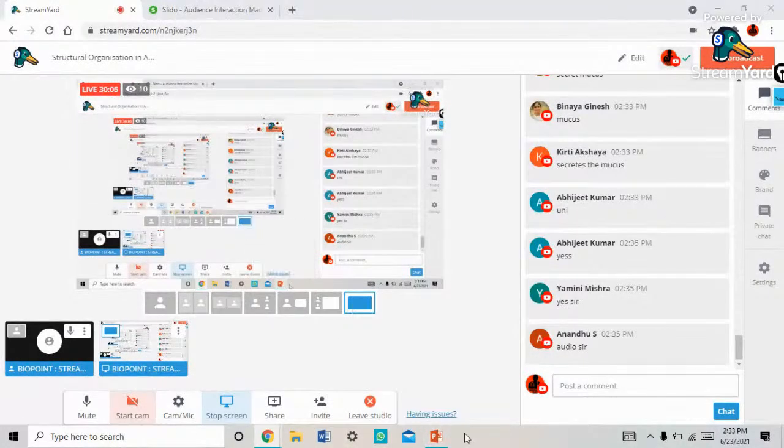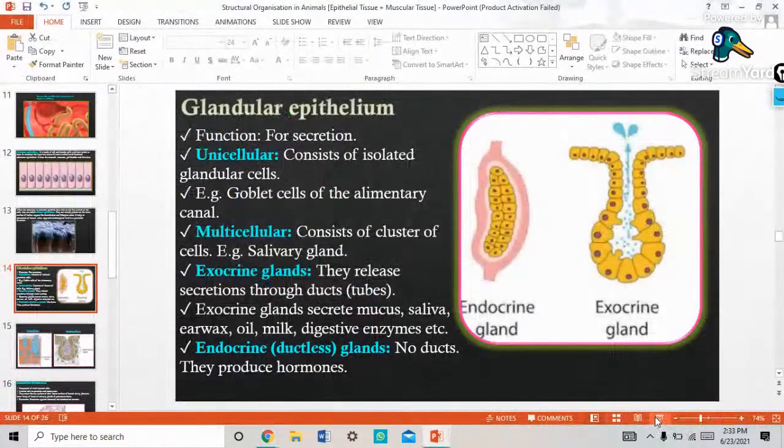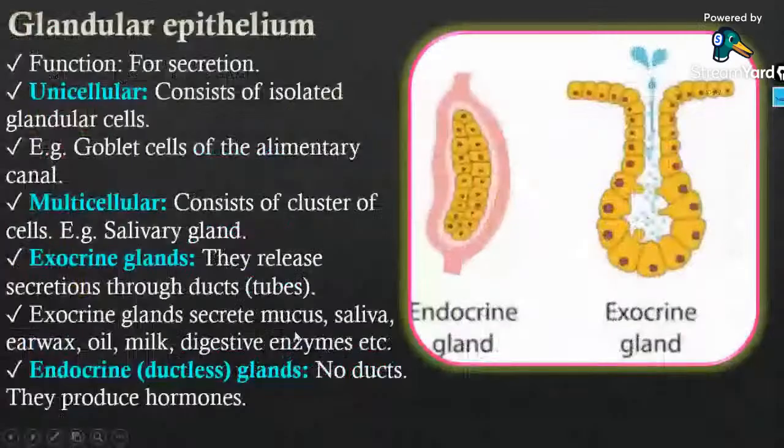Can you all hear me right now? Yes. So, have you all heard about the unicellular, multicellular, exocrine, and endocrine glands?